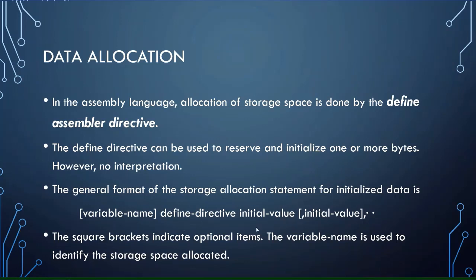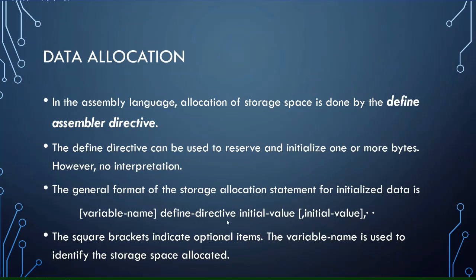So this is the format of defining in assembly language: variable name, then we have define directive, we have initial value, and we have other initial values. And as we know, in the format, if there is a third bracket, that means these are optional.